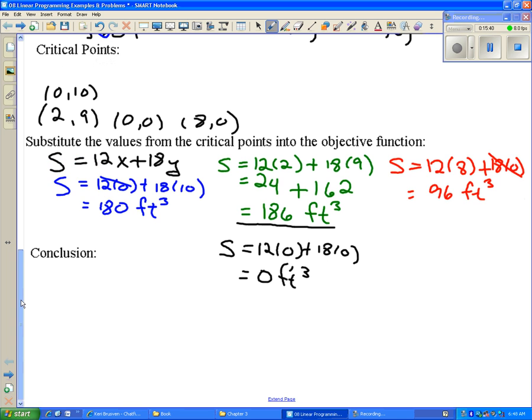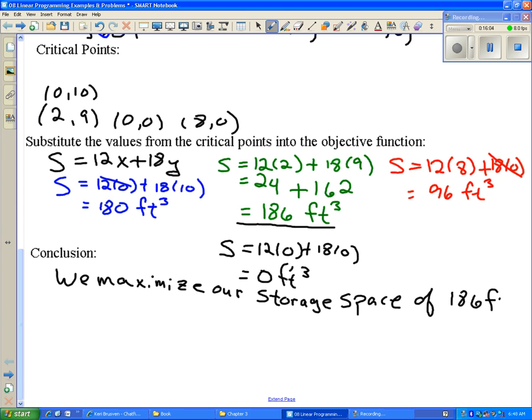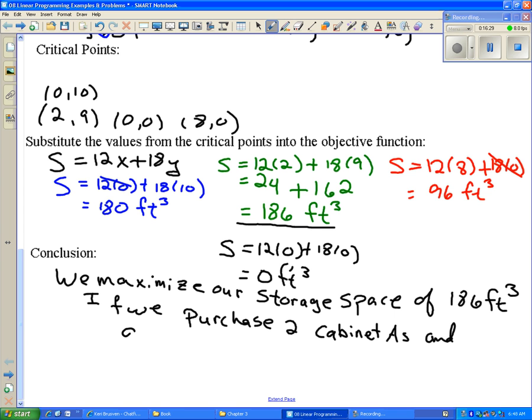So we maximize our storage capacity, or storage space, of 186 cubic feet if we purchase 2 cabinet A's and 9 cabinet B's.